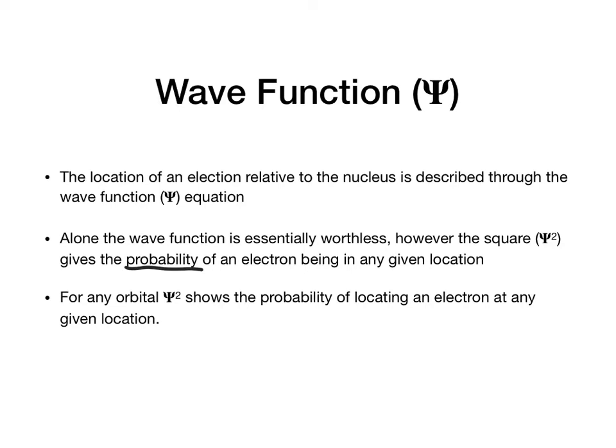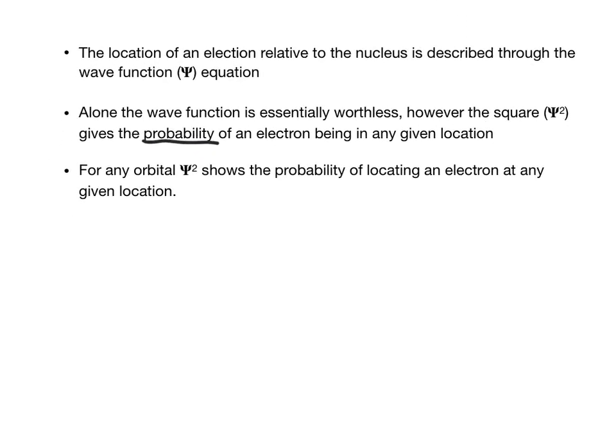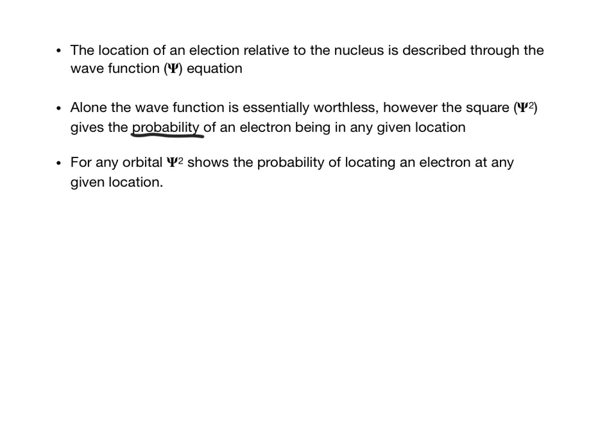For any orbital, psi squared shows the probability of locating an electron at any given location. So we can get something called a probability density, which basically tells us where we are most likely to find the electron.